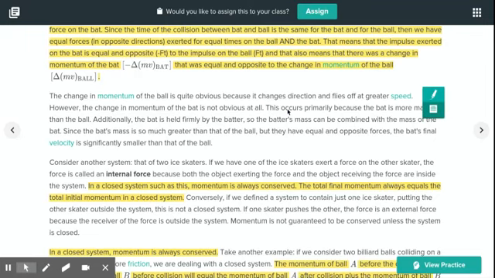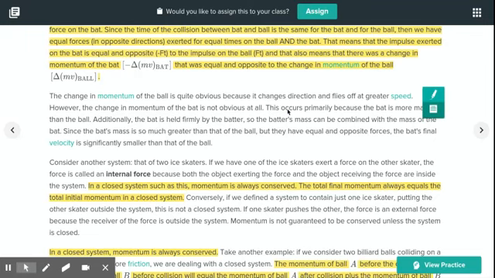So here, if we define the system to contain just one ice skater, putting the other skater outside the system, then this is not a closed system. So the energy inside the closed system and outside the closed system cannot be compared to each other.